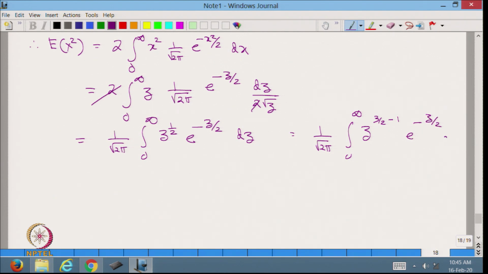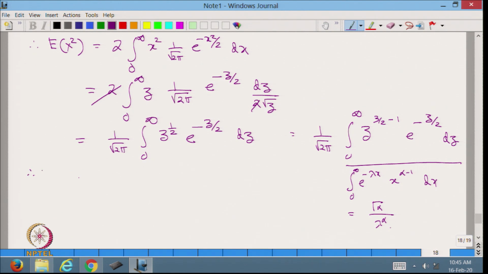Now, this is a gamma integral and we know that integration of e to the power minus lambda x, x to the power alpha minus 1, 0 to infinity dx is equal to gamma alpha upon lambda to the power alpha.